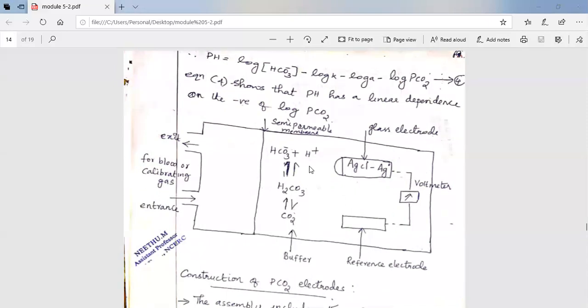The two solutions are separated by a semi-permeable membrane made of Teflon or silicone. This membrane allows dissolved CO2 to pass through but blocks the passage of H+ and HCO3-.